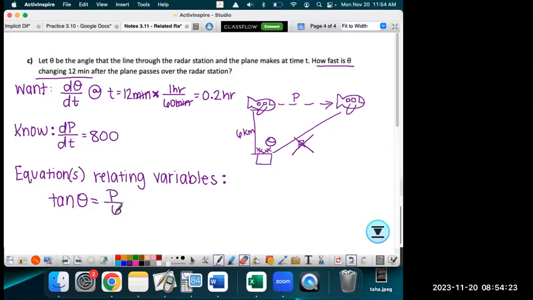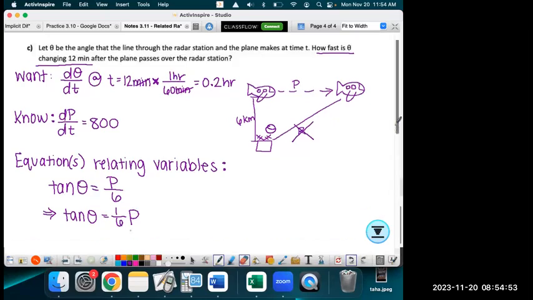Or you could write that as 1/6 P. So thinking about this, I want to know the rate for theta. I know the rate for P. Those are the only variables I have here. We're good. I only have one unknown rate. We are all set to go ahead and take the derivative with respect to time. So go ahead and do that for me.